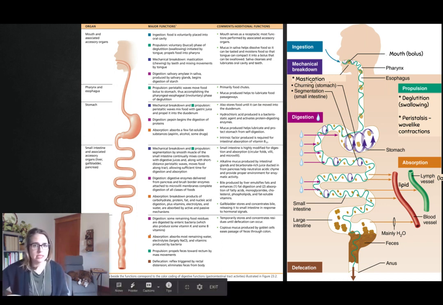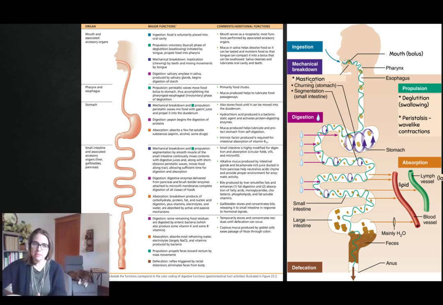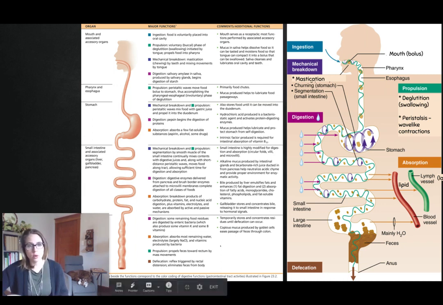All right, then we get into the large intestine. Digestion still occurs, not very much, but a wee bit because of the bacteria breaking down a little bit of things that maybe you can't break down, things like fiber and stuff like that. Absorption happens. A lot of our water gets absorbed here. Propulsion, obviously, and then defecation. That is only one step, just like ingestion only has one step.